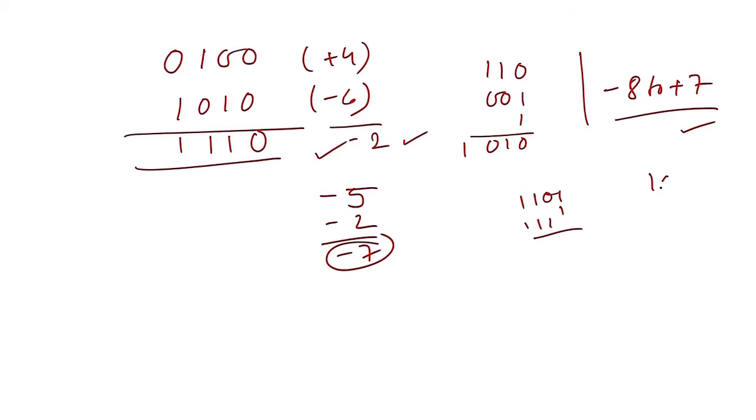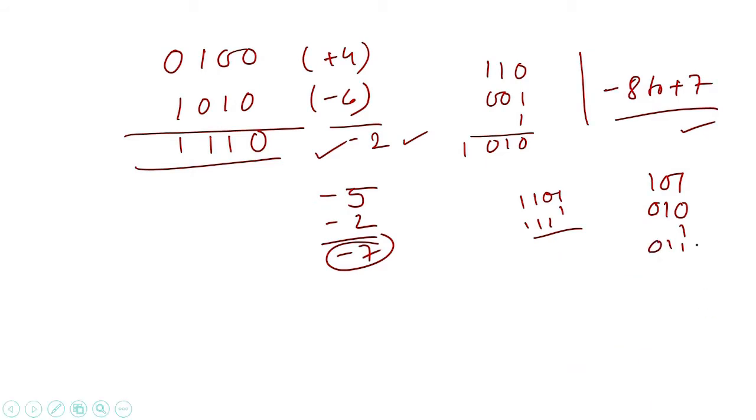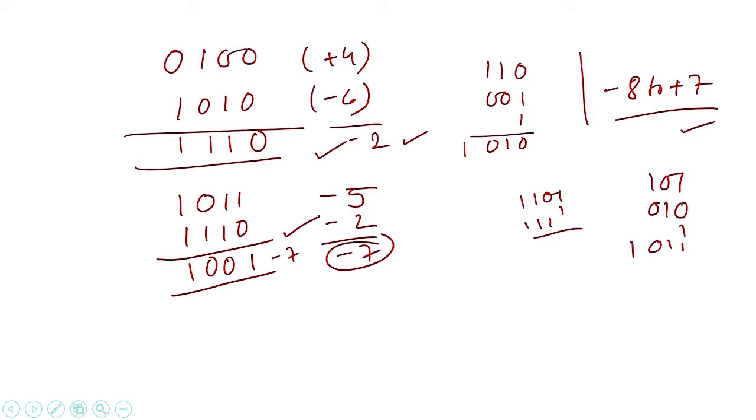Minus 5 means 1 0 1 1, and minus 2 will be 1 1 1 0. Now, you add 1 1 1 0 and 1 0 1 1, which gives 1 0 0 1 1. Okay. So, this is minus 7. This result is also correct, because this negative number will be represented here.